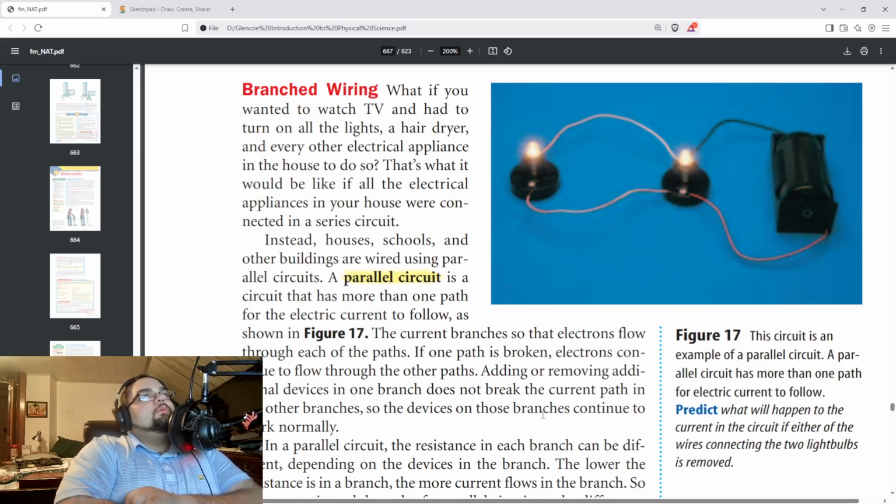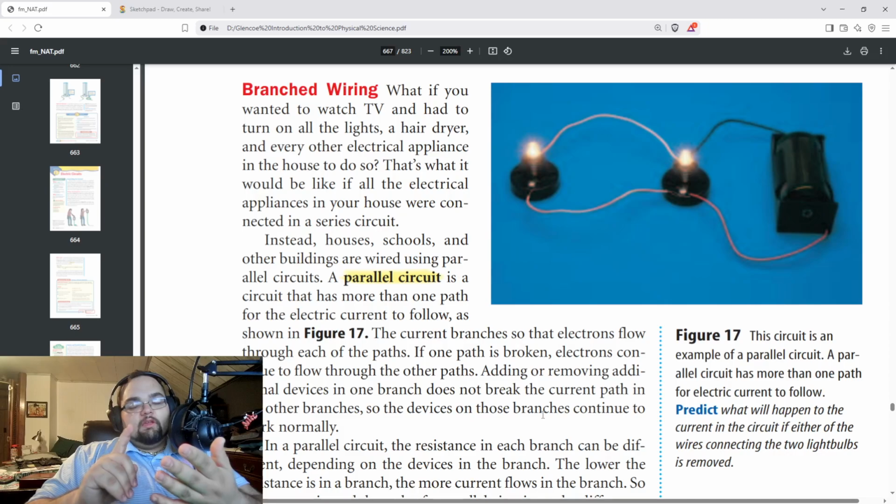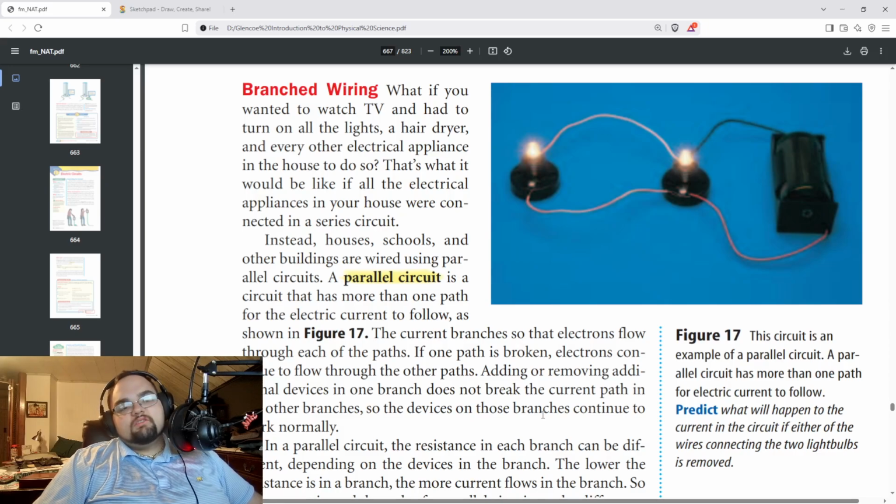What would you do if you wanted to watch TV? And in order to do that, you had to turn on the lights, the hair dryer, the fridge, plug in your laptop, and every other electrical appliance in the house to do so.